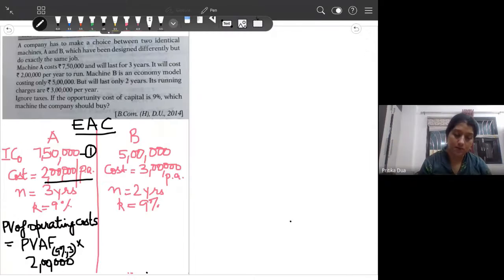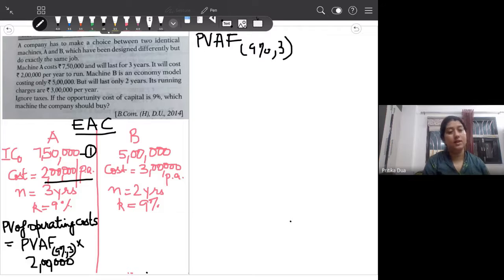Also note down the PVAF value because that will be used in the final formula. So 9% for 3 years. Now, when we have a look at the table, this value comes to 2.531.